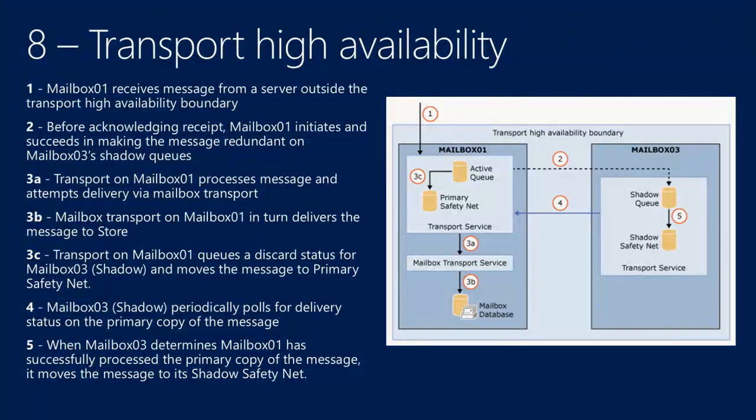So a client connection, a user request that comes in through a 2013 CAS, where the version of the mailbox is 2010, we will proxy that request to a 2010 CAS, typically in the Active Directory site where the mailbox is located.